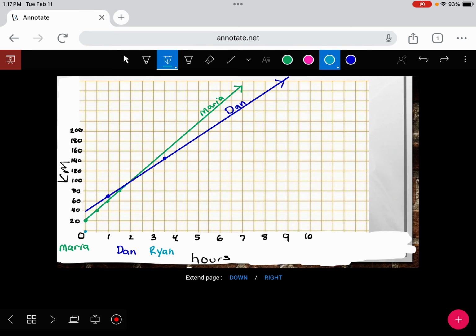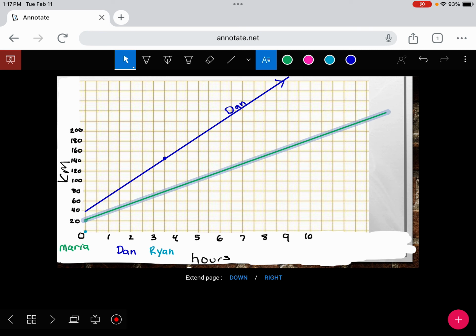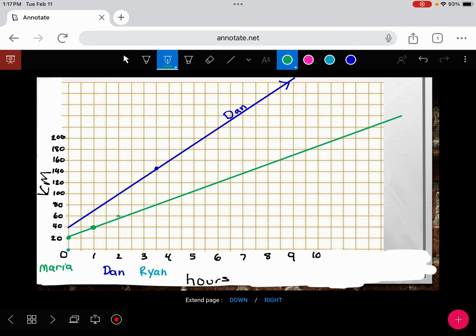I made a mistake when I was graphing Maria. My Maria line is wrong. I did not account for the change in my scale. My Maria line should be down like that, because Maria went up 20 in 1 hour.